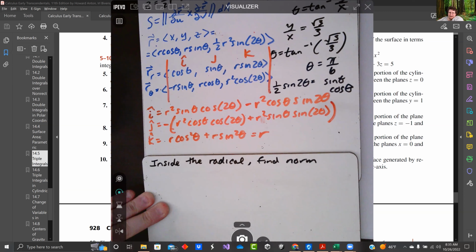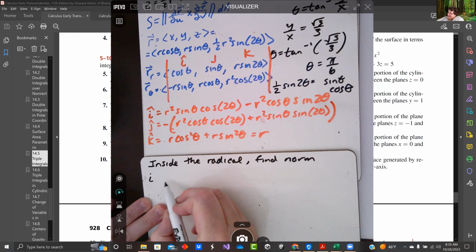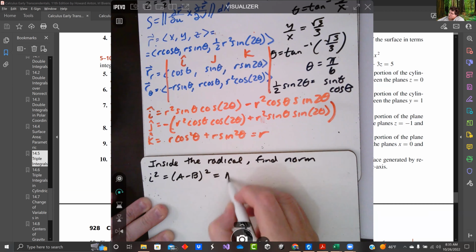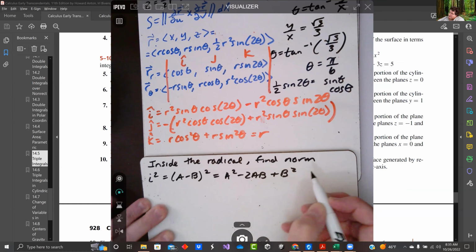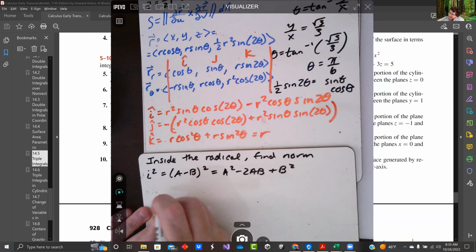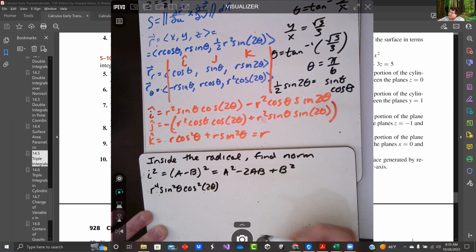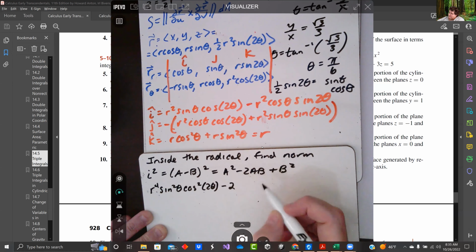So if I square, I've got to do A minus B. That's effectively A minus B squared, so A squared minus 2AB plus B squared. A squared is what I had: R to the 4th sine squared theta. This problem got really ugly, didn't it? And then I've got minus 2 times AB.